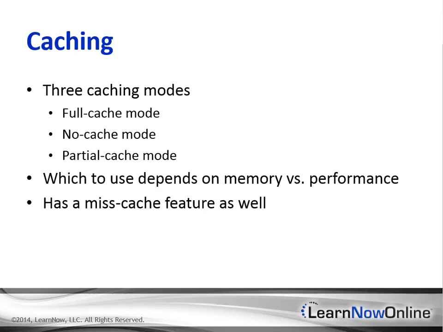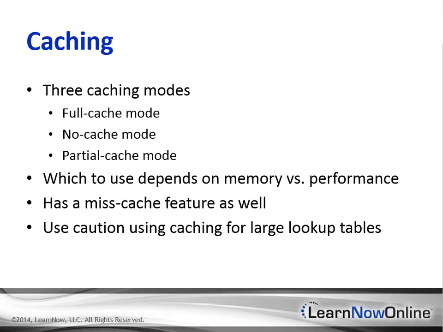This does take a portion of the cache because it has to remember those missed cache values. So you can specify how much cache memory the miss cache should use, up to 20% of the total cache memory.